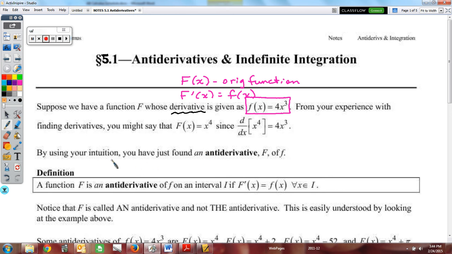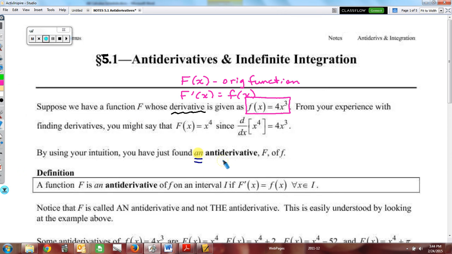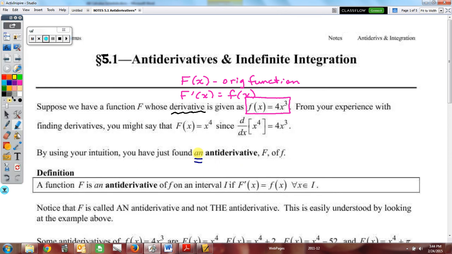So you can, by intuition, which is basically knowing the rules going forwards, which means you also know the rules going backwards. And what we have done by working backwards is we have found, and I am going to highlight this because this is an important comment to make, an antiderivative. We have found one of the antiderivatives.